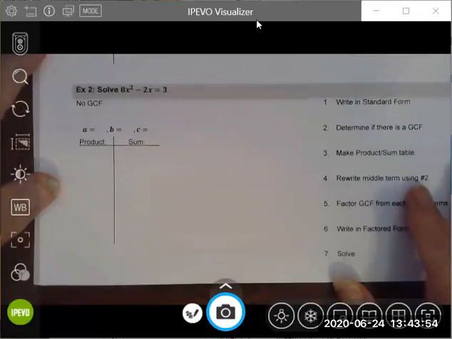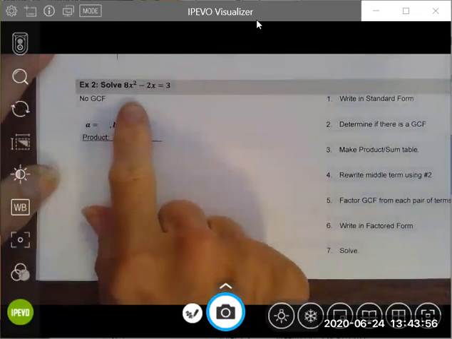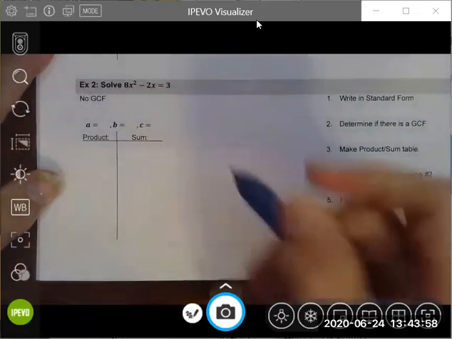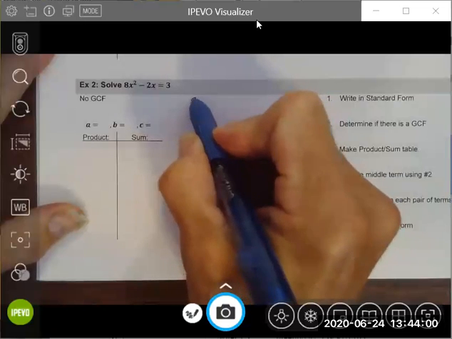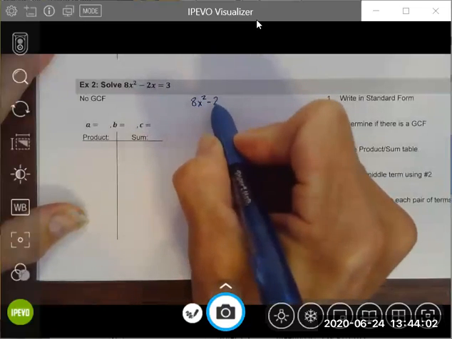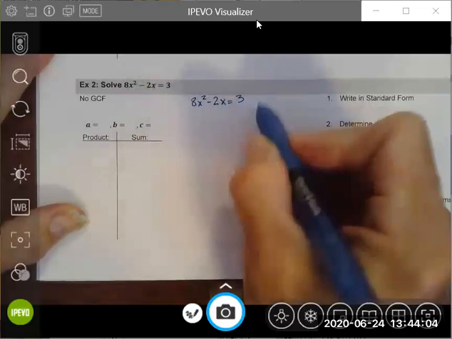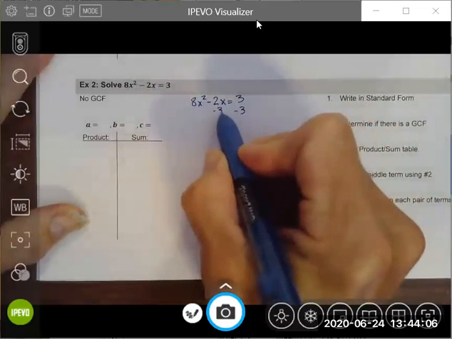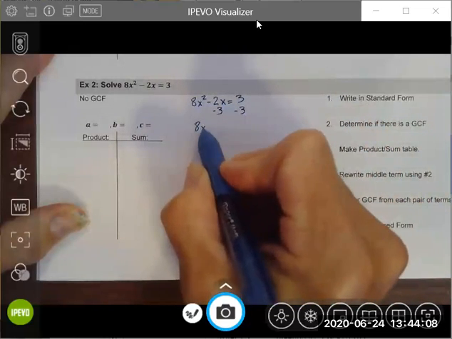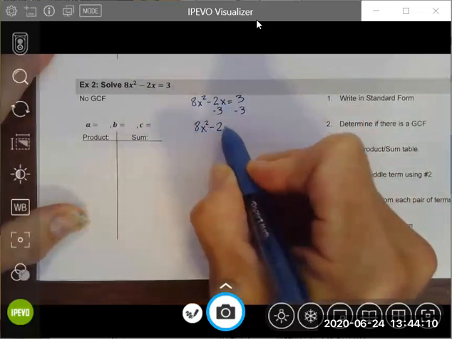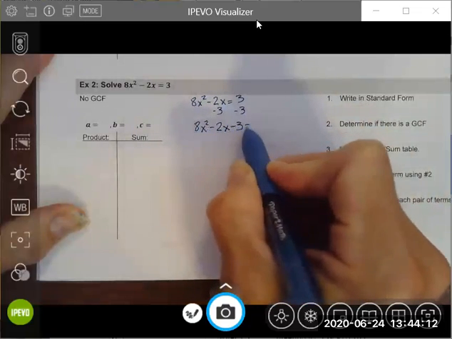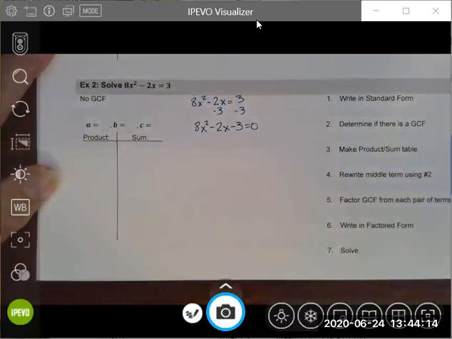The first thing I notice about the next one is it's not already in standard form. So to put it in standard form, I need to set it equal to 0. And I'm going to do that by subtracting 3 from both sides. And I end up with an equivalent quadratic that looks like this.